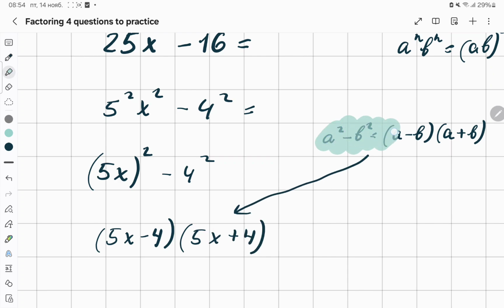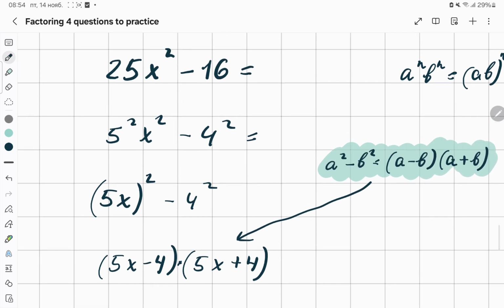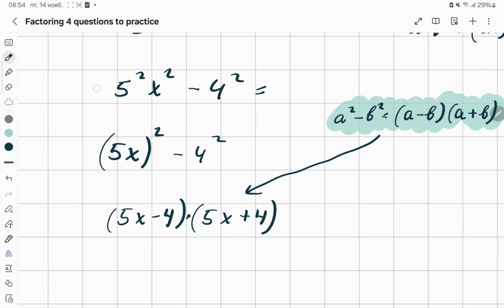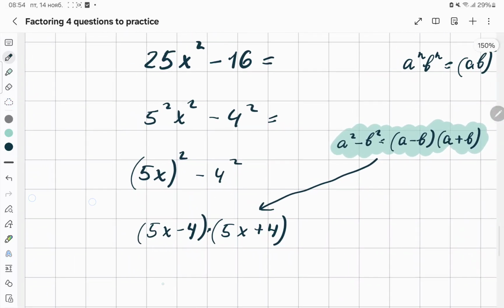Okay, and you see that finally we get factors. So we have two factors. We have factorized this expression. So connecting the first question and the answer, we will say that it is equal to 5x minus 4 times 5x plus 4.